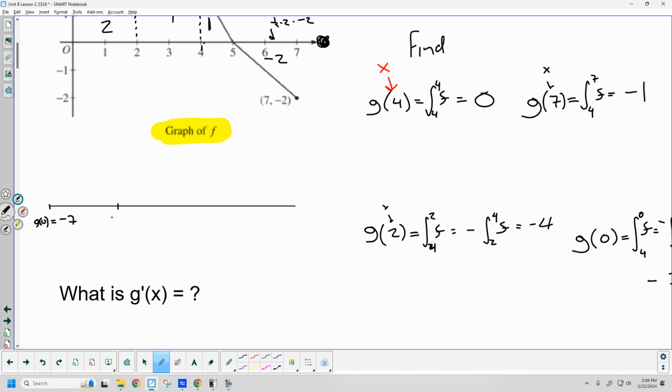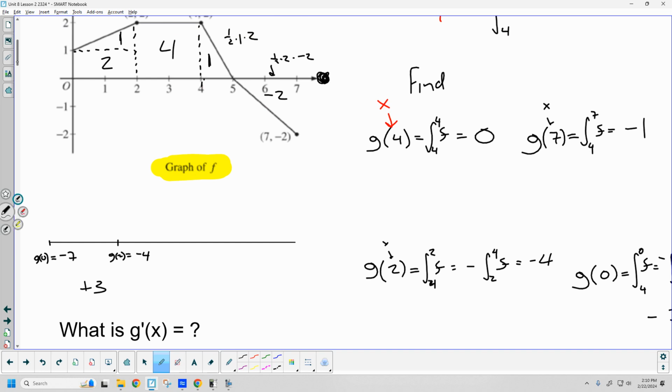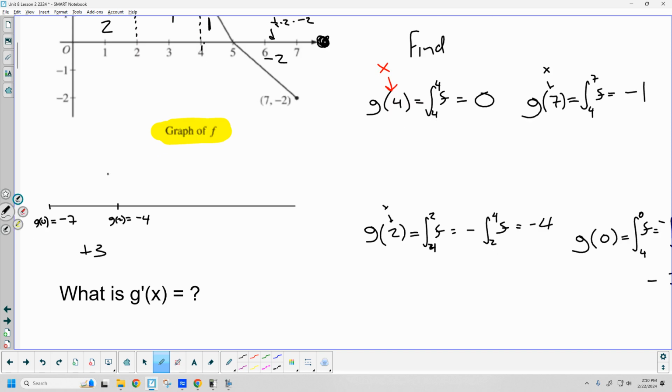G of 2 was negative 4. How do I get from negative 7 to negative 4? We add 3. Oh, I add 3. G of 4 was 0.